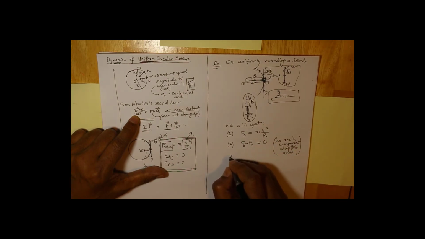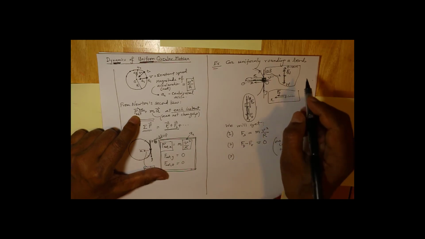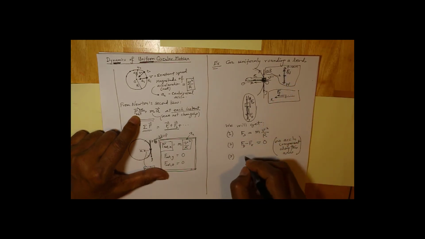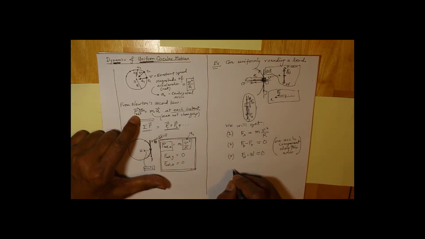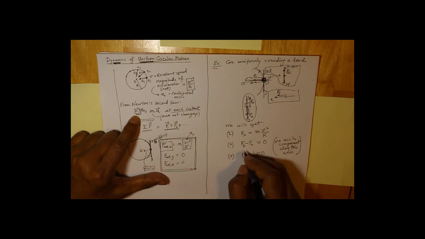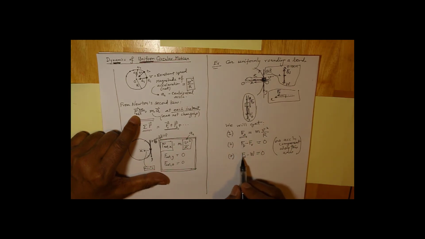And then if I look along the z-axis direction, we get Fn minus W equal to 0. And if you are working with the maximum static friction, then there's a relation between Fn and Fs.